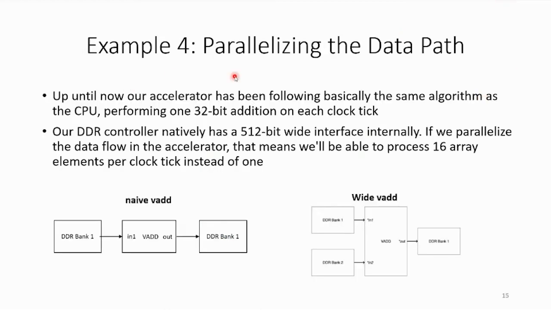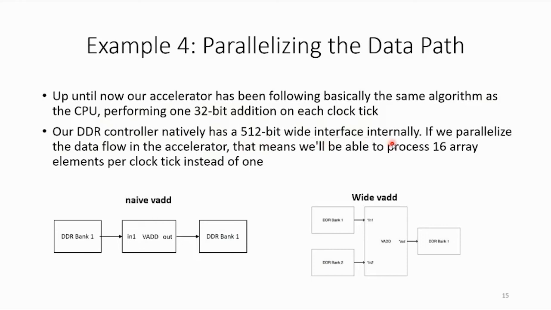Example 4 is parallelizing the data path. Until now, our accelerator has followed basically the same algorithm we have mentioned above. It just performs one 32-bit addition on each clock tick, but our DDR controller natively has a 512-bit wide interface.